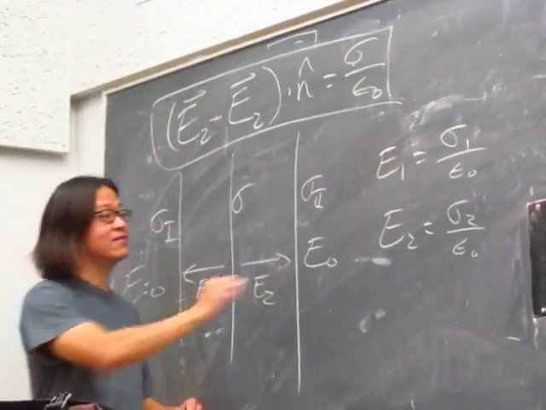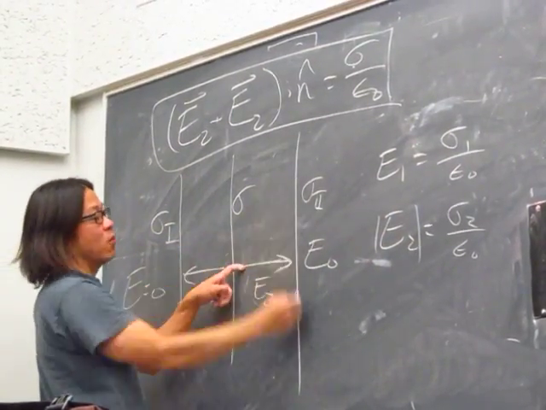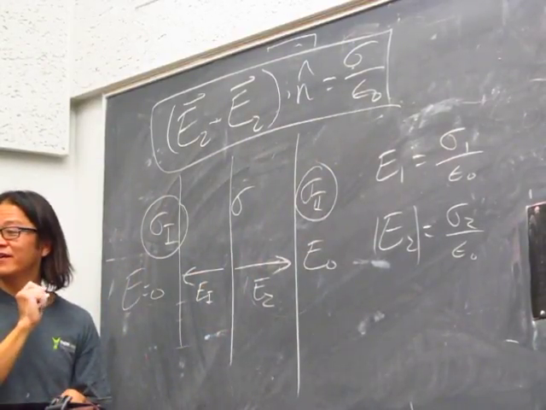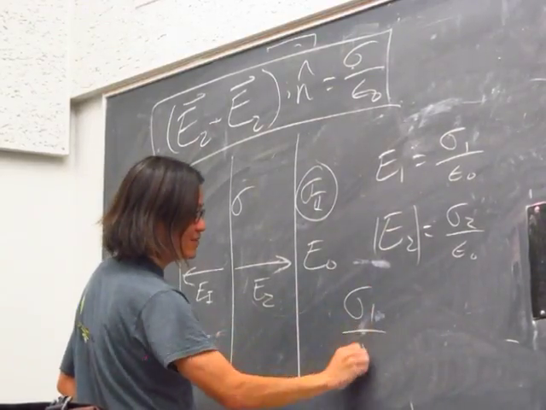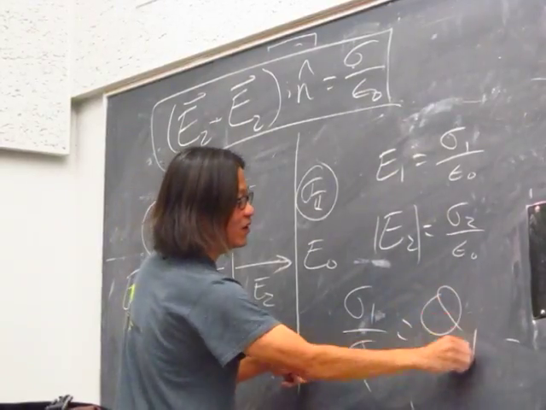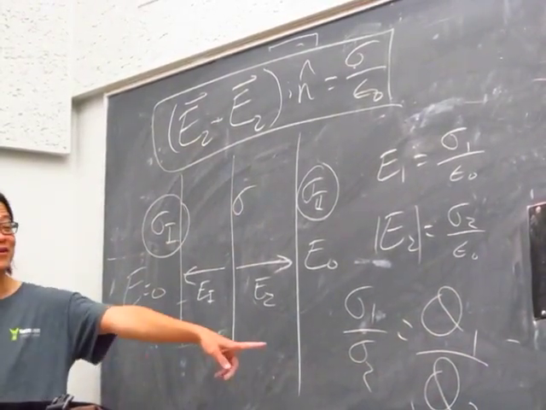Right? Just the magnitude. The fact that the arrow is pointing towards the wall means that this is negative and this is negative. Therefore, you can find the ratio of sigma 1 to sigma 2. And this ratio is exactly the ratio of Q1 over Q2, right, by principle of superposition.